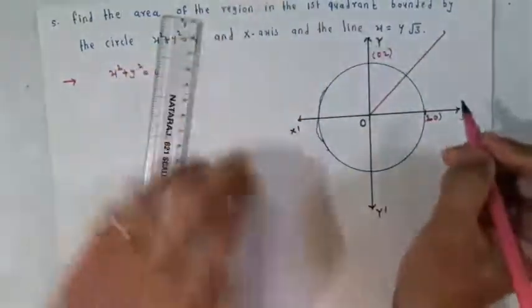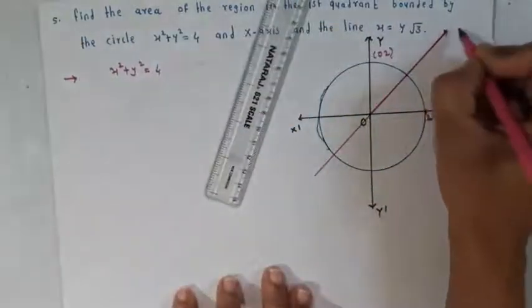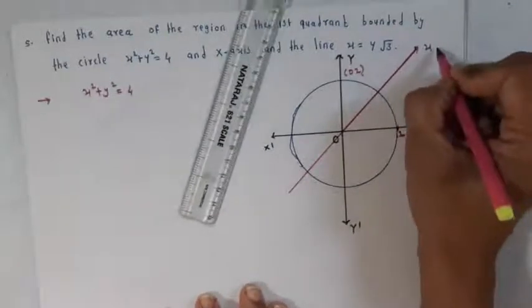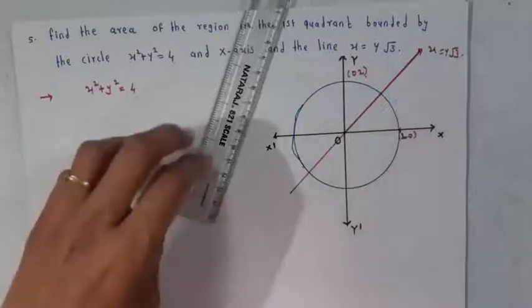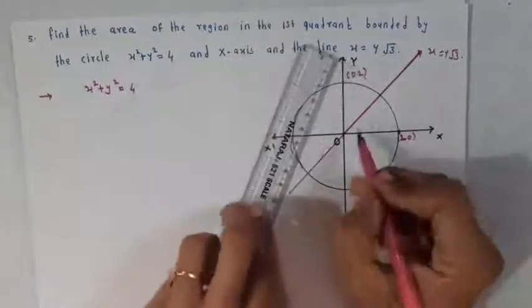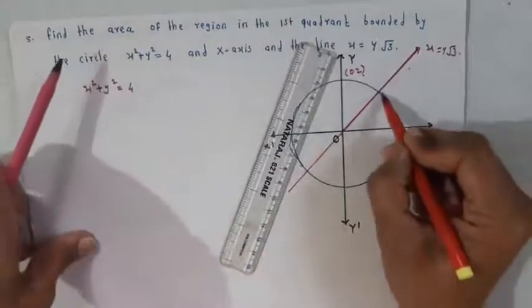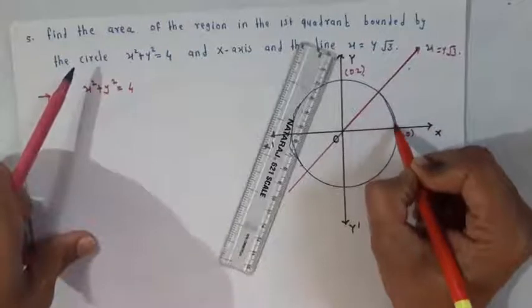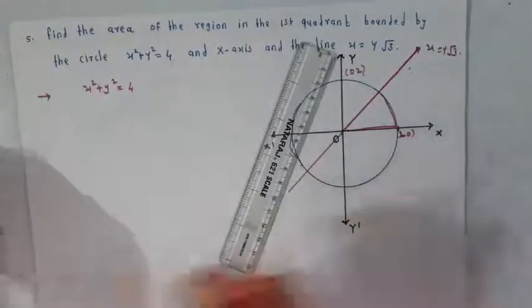This is the line, and its equation is x equal to y root 3. We have to find the area in the first quadrant bounded by this line, this circle and the x-axis. This much area we have to find out.